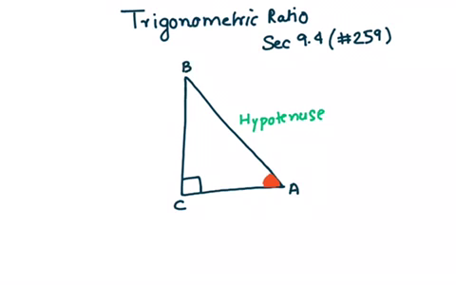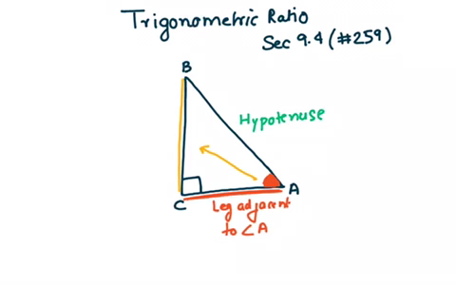But here we need a specific vocabulary: the leg which is adjacent to this angle A, we call leg adjacent to angle A. And the leg which is not adjacent, the other one, is opposite. That's going to be called leg opposite A. This is leg opposite angle A.